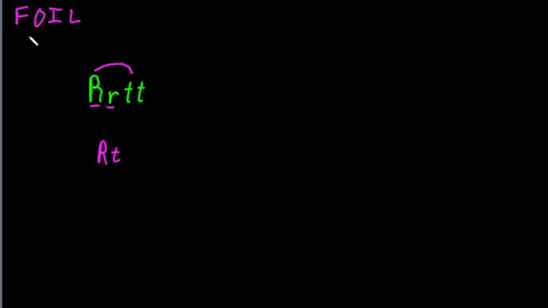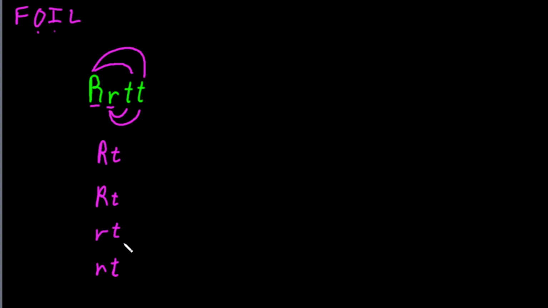The second one, the outside, is capital R and that lowercase t. The third one is the inside, which will be little r, little t. And the fourth one will be little r, little t, again, the last genes. So little r, little t.